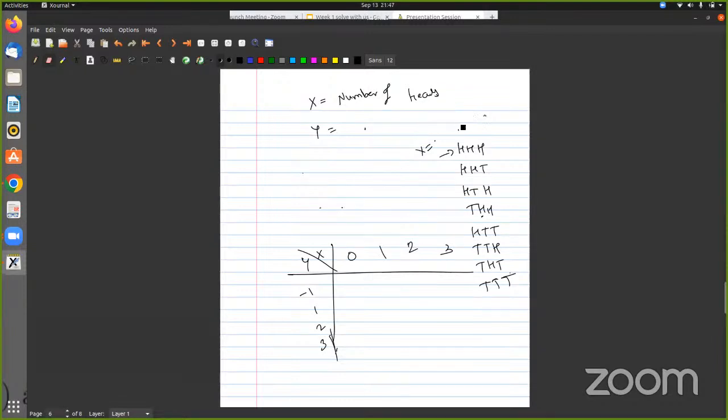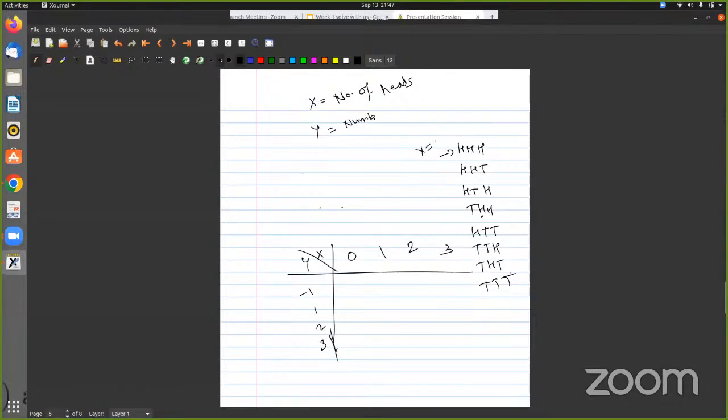These are the 8 outcomes when we toss a fair coin 3 times, or we toss 3 fair coins. X is the number of heads, and Y is the number scored.